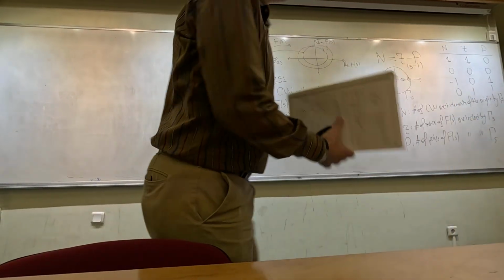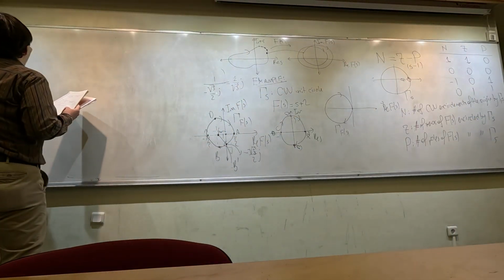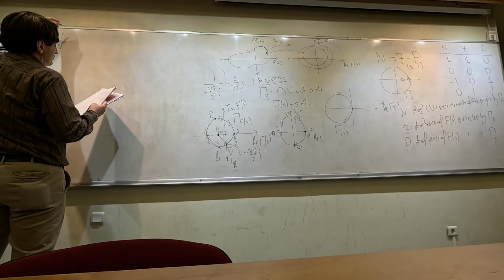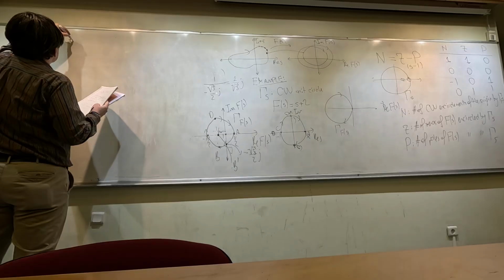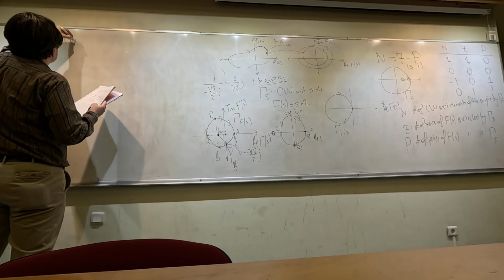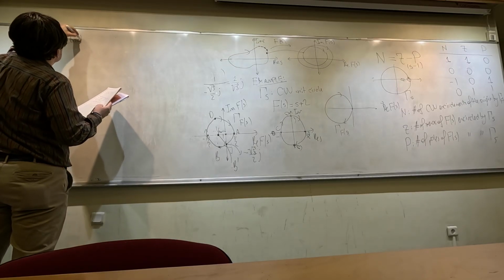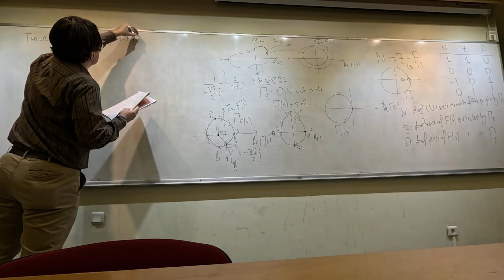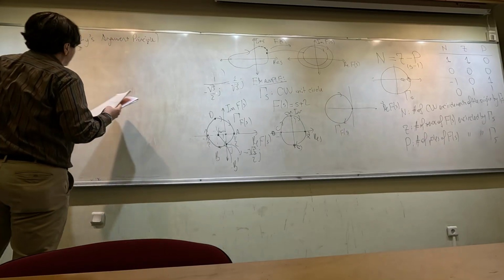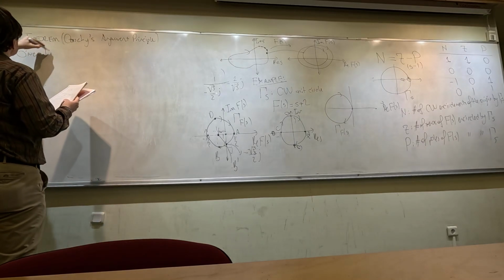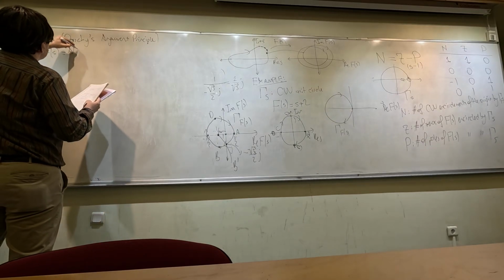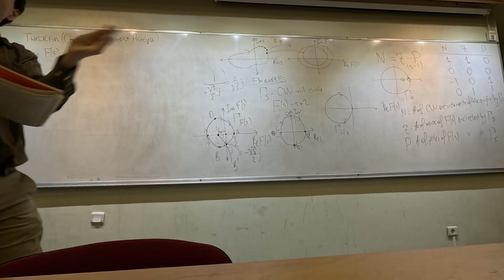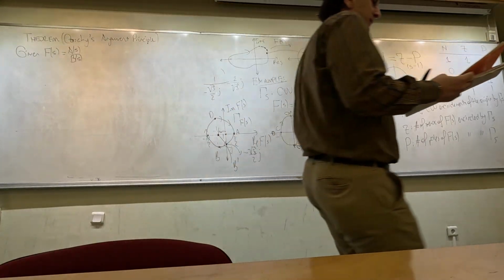So let us write a theorem. This is called Cauchy's argument principle or Cauchy principle of argument. Given f of s, which is the ratio of two polynomials, we are talking about poles and zeros, then we have to talk about the rational functions.